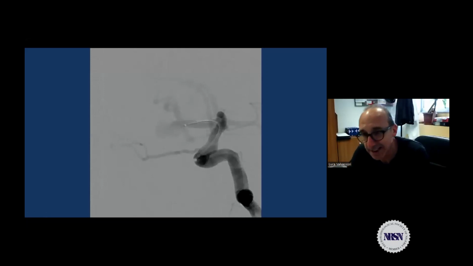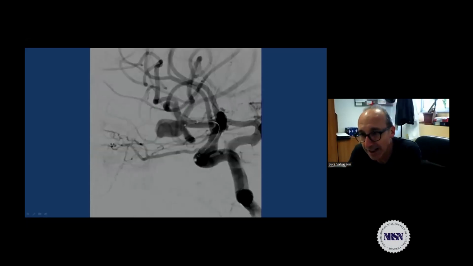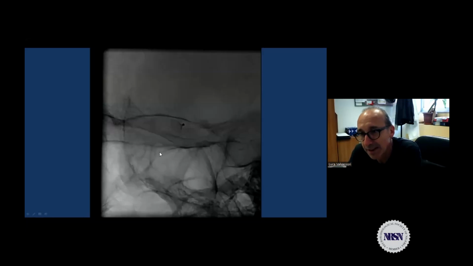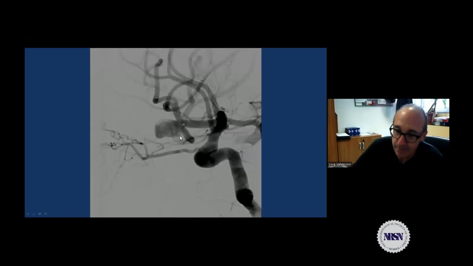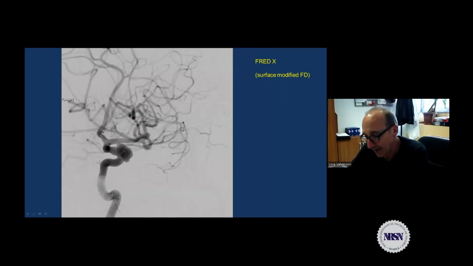So you are sealing somehow the neck of the aneurysm, and you can detach it, and this is it. It works over time, over the weeks, just by making it difficult for the blood to get into the sac.